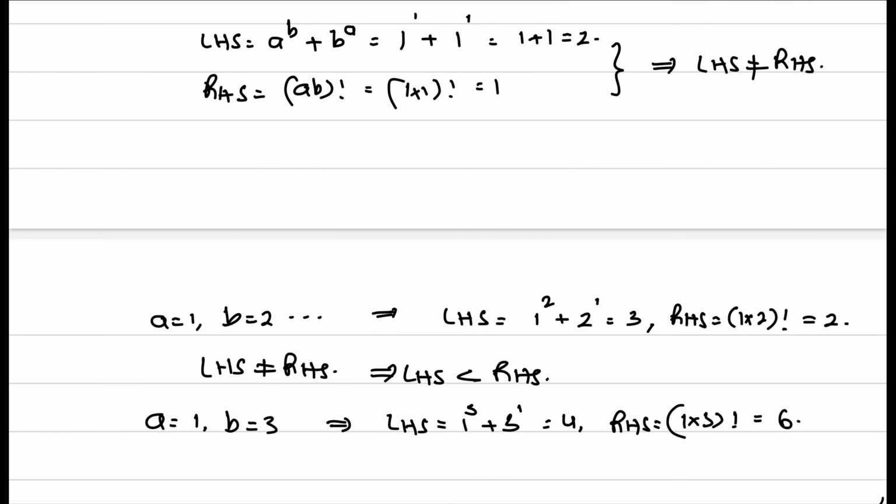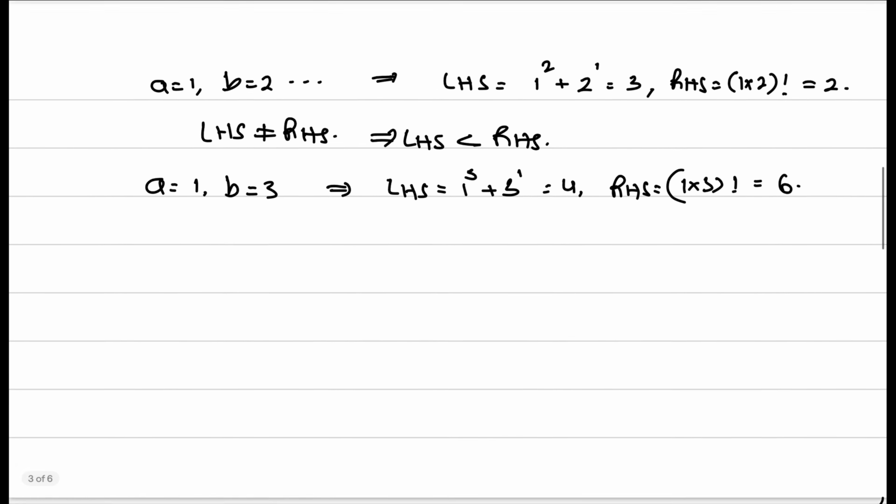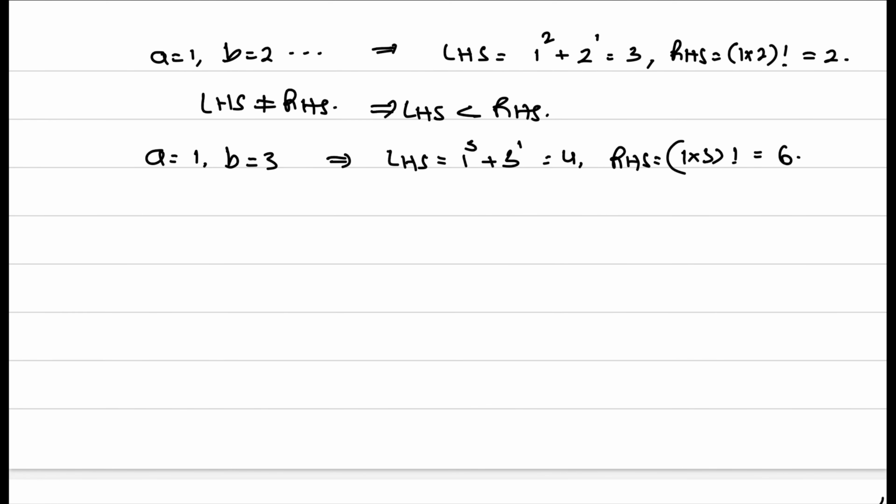Here it is 4 and 6, left hand side is less than right hand side.